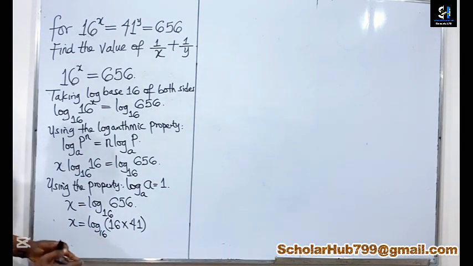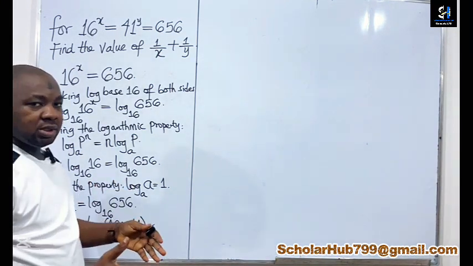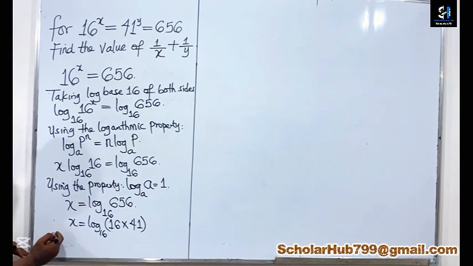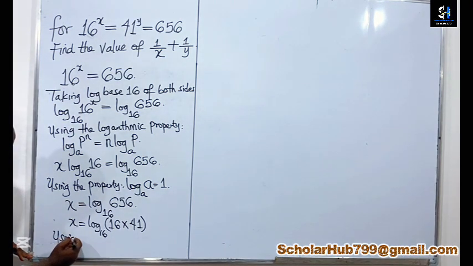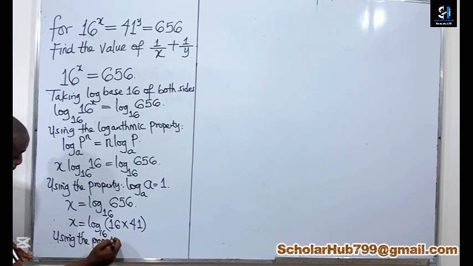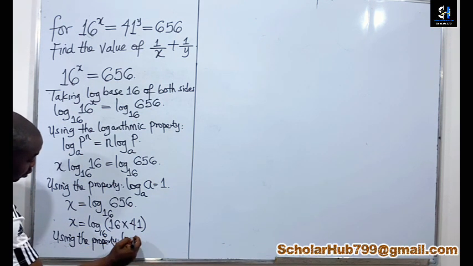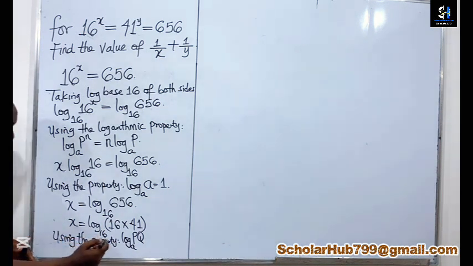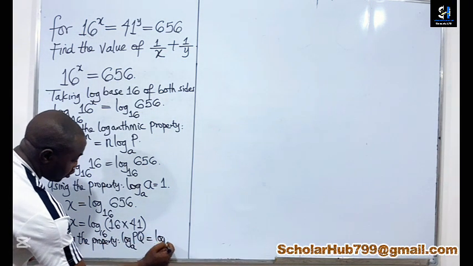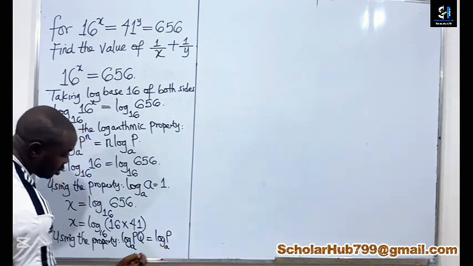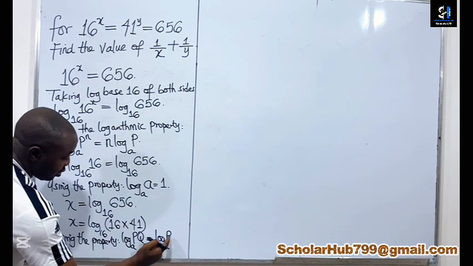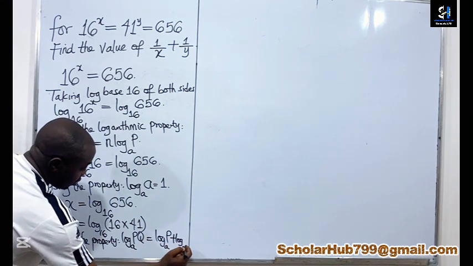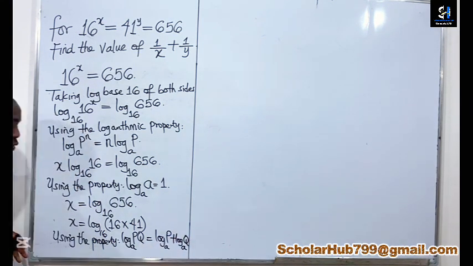Then I'm going to apply another property of logarithms: the logarithm of the product of two quantities is log base a of p plus log base a of q.